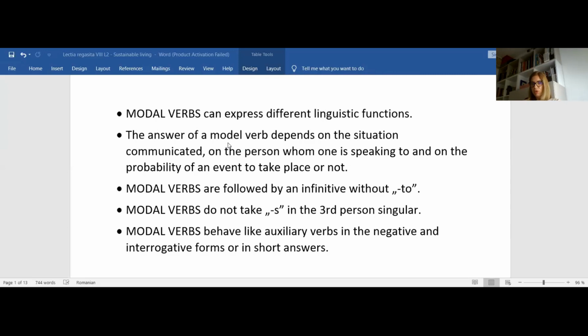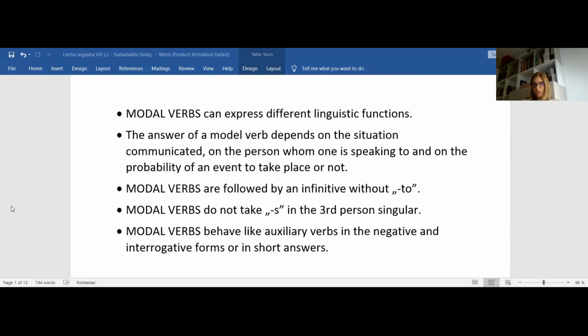The choice of a modal verb depends on the situation communicated, on the person whom one is speaking to, and on the probability of an event to take place or not. Modal verbs are followed by an infinitive without to. Modal verbs do not take S in the third person singular, and modal verbs behave like auxiliary verbs in the negative and interrogative forms or in short answers.